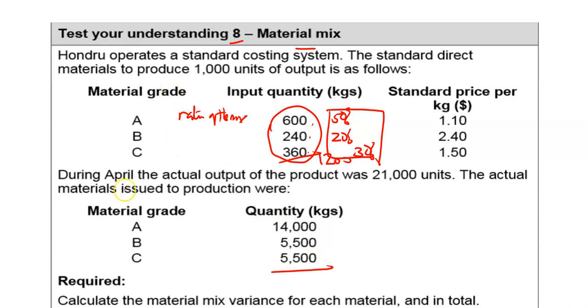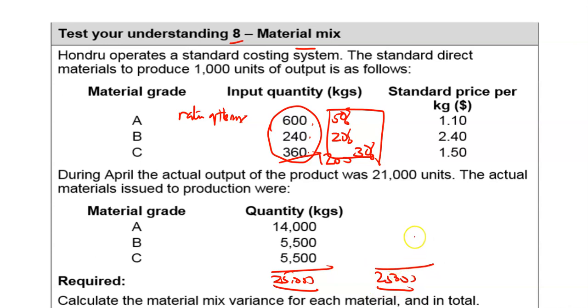So in terms of a mix variance, what we're saying here is that during April, remember I'm talking about inputs, you used 14 plus 5 plus 5, which gives us 25,000 kilograms of input.